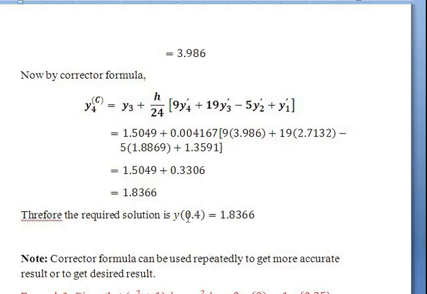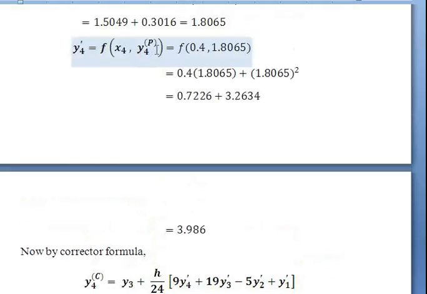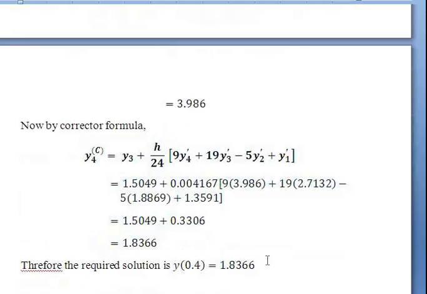In that case we have to calculate y4' repeatedly, using y4c instead of y4p. That is the second use of the corrector formula to get the solution. Using the corrector formula once again will definitely improve the solution. This is the procedure of getting the solution at a specified point by Milne's and Adams-Bashforth methods.